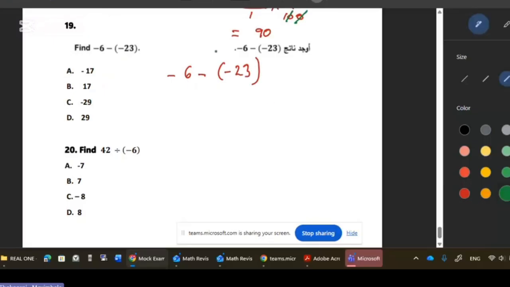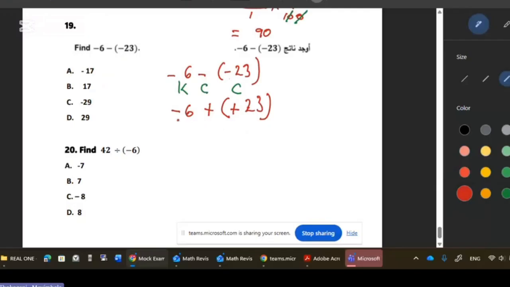We're going to keep -6, and we're going to change this subtraction sign to plus. Then we're going to change the minus sign of the -23, which is going to be plus.